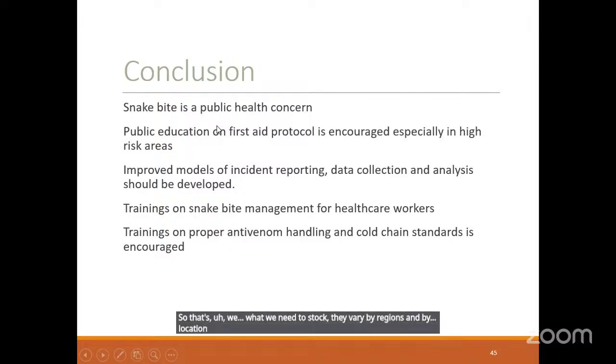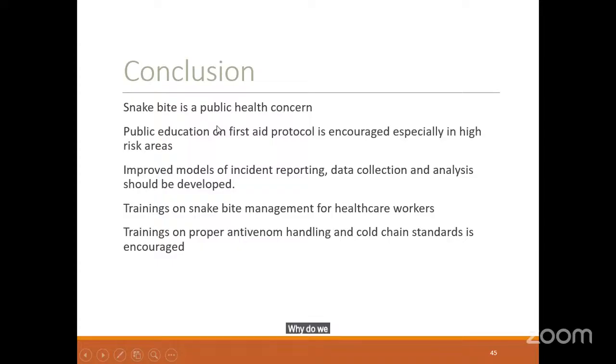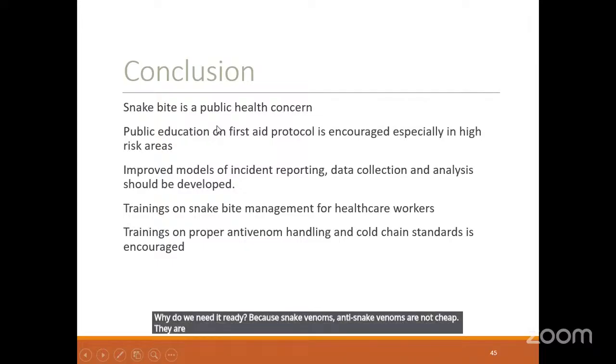So I think it is the duty of the MIC to have that information ready. Why do we need it ready? Because anti-snake venoms are not cheap. They are very expensive, and the use doesn't come often. Sometimes it may be seasonal.